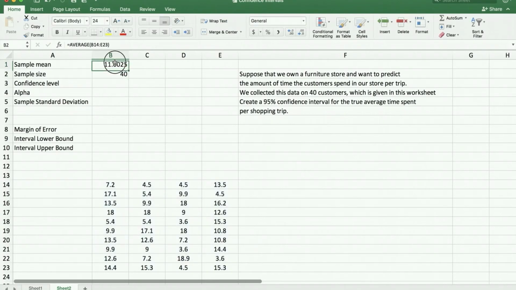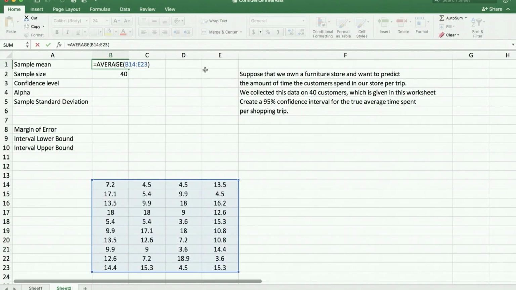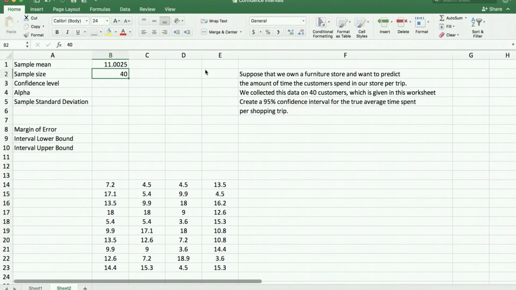So that value will be 11.0025, and then the confidence level is 95% or 0.95, similar to the previous example. Therefore, the alpha or significance level will be equal to 0.05.